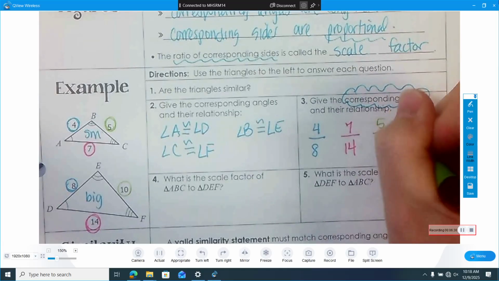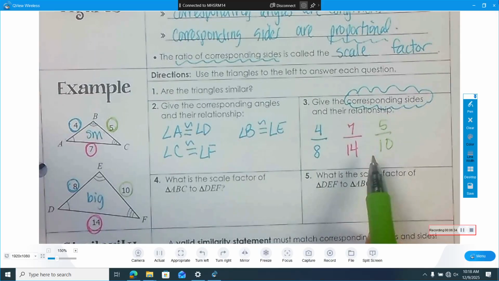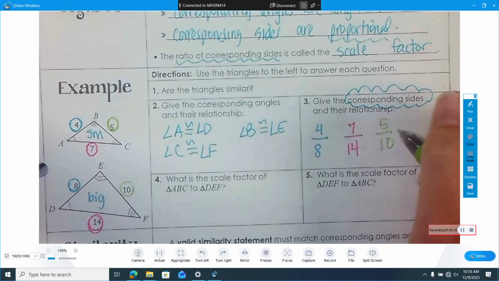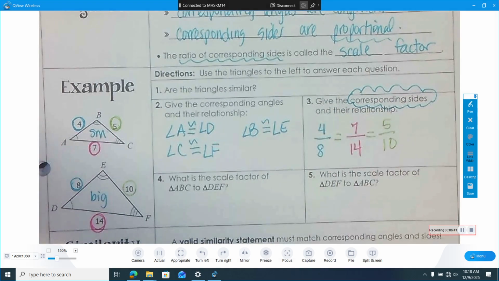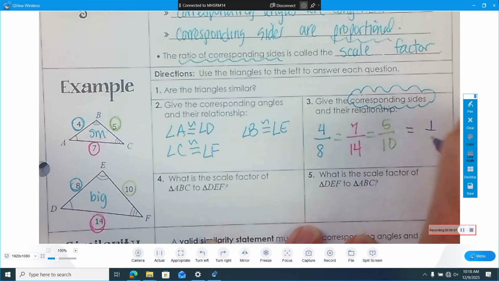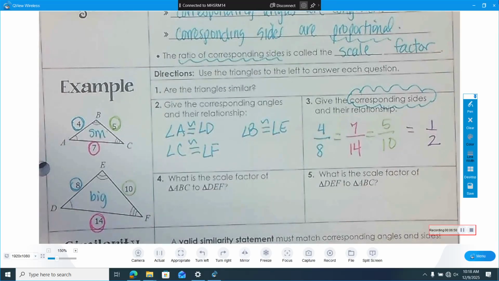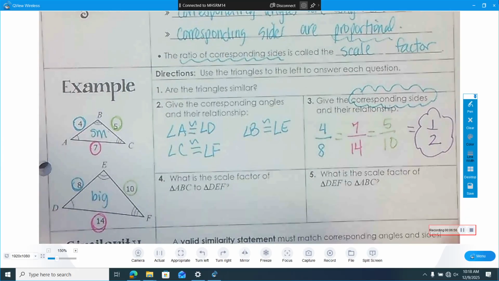So we have 5/10. What do you notice about all of these fractions? They're all equal to 1/2. They're all equal to 1/2, which is very interesting. And this is what's true about similar figures. They all are the same ratio. And that's really important. Okay.